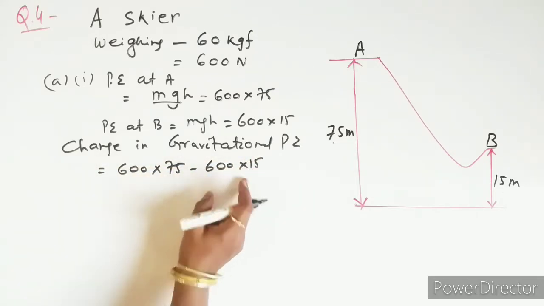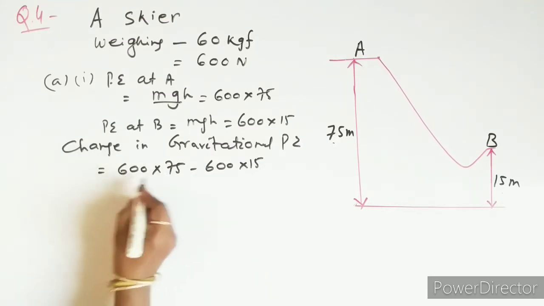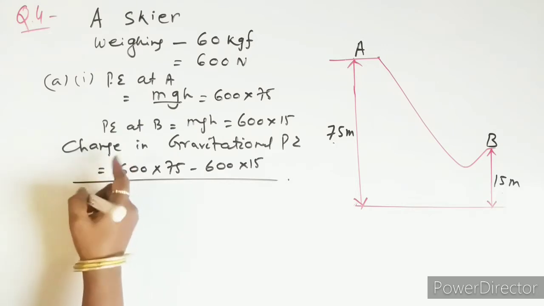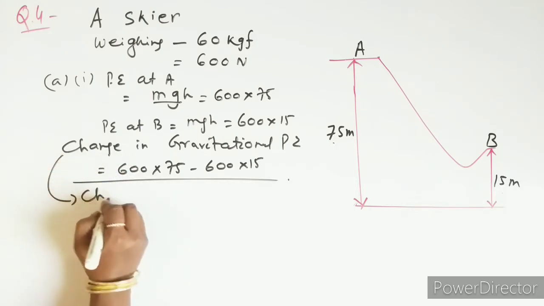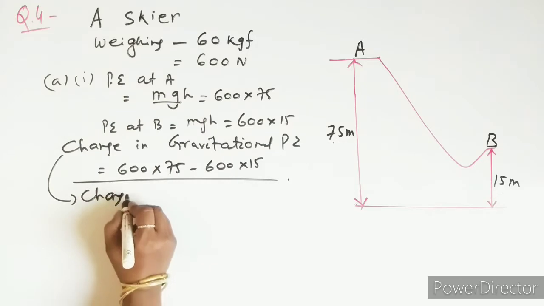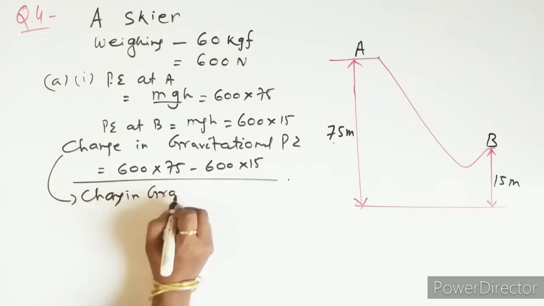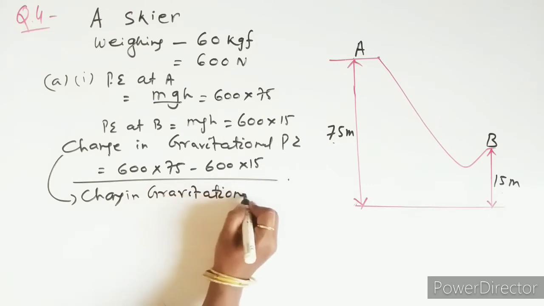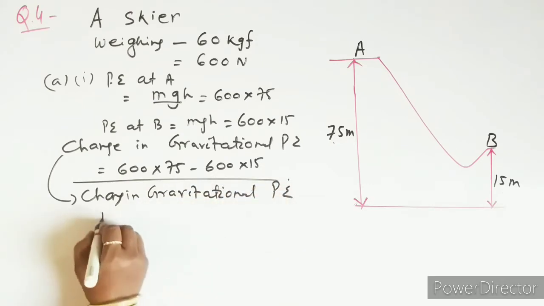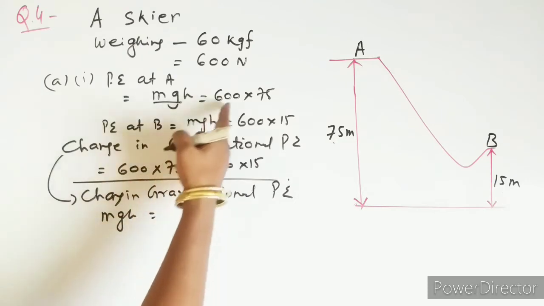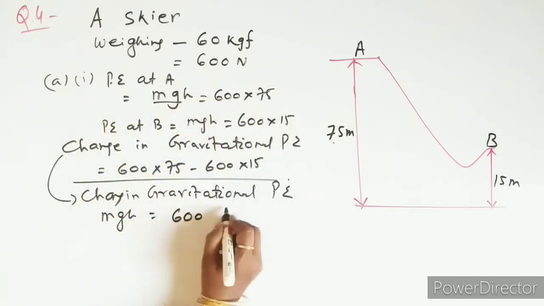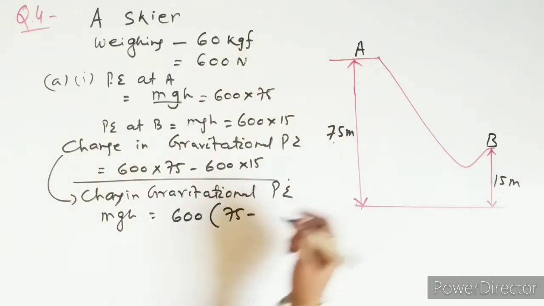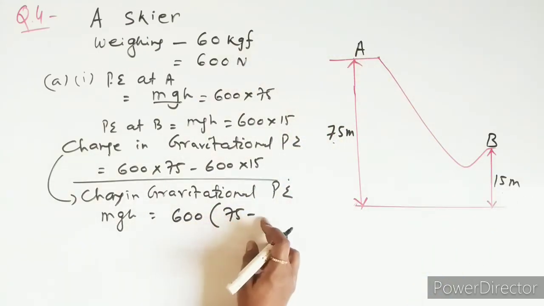This can be done in one way. Otherwise, we can go directly for the change without writing this. Change in gravitational potential energy equal to mgh. Here mg is 600, into 75 is the height, so h2 minus h1.